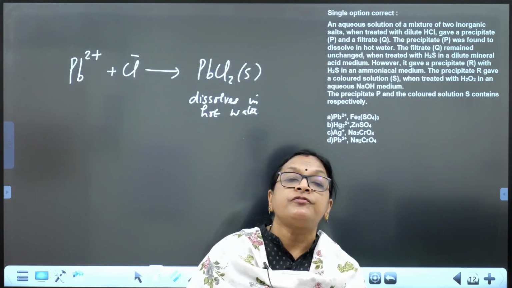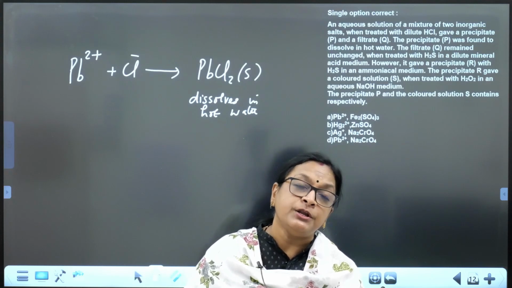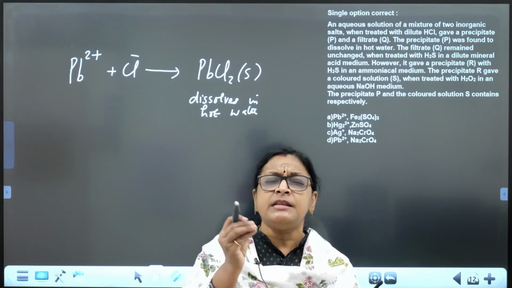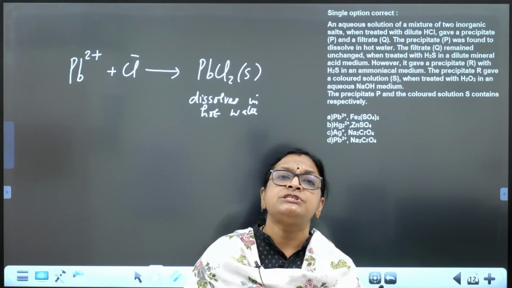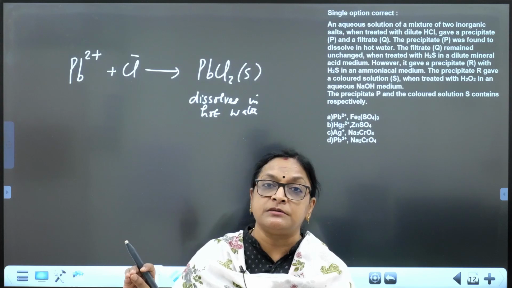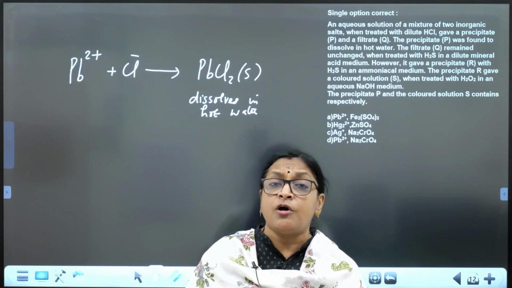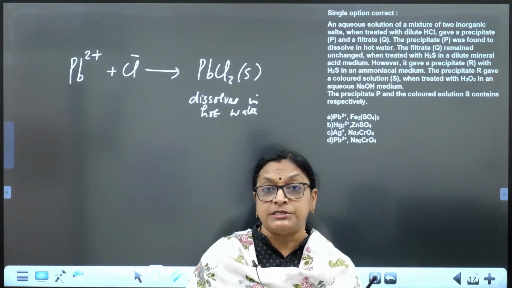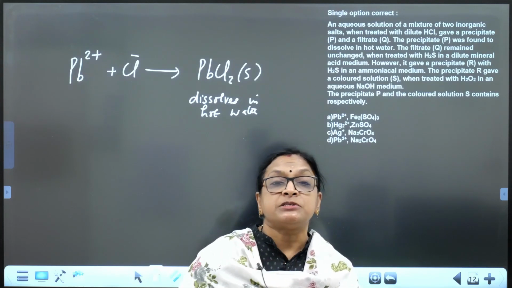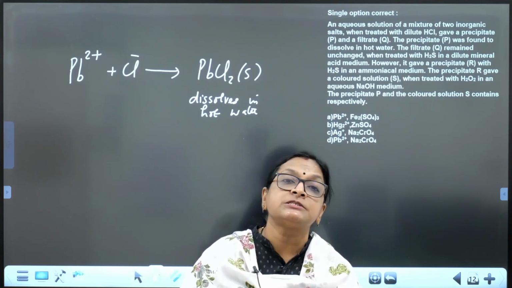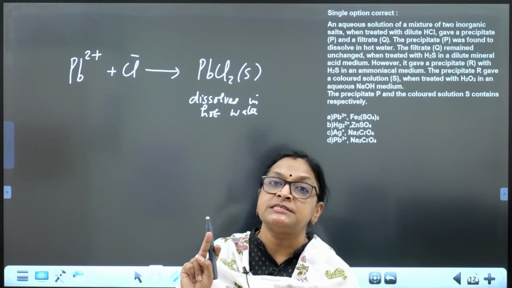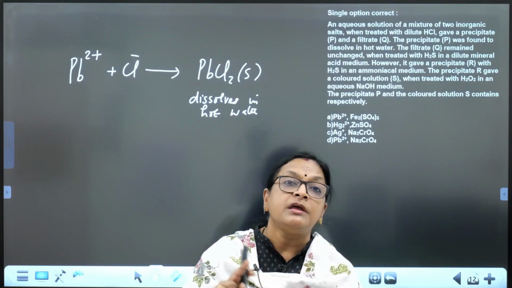In presence of dilute HCl, the common ion will suppress the ionization of H2S and only very few sulfide ions will be produced, which is enough to precipitate just group 2 cations if present. Cu2+ is a well-known example where copper sulfide immediately gets precipitated as a group 2 cation. Whereas in this particular case, the cation is not precipitated when this group 2 reagent is added. Very clear that it is not a group 2 cation.